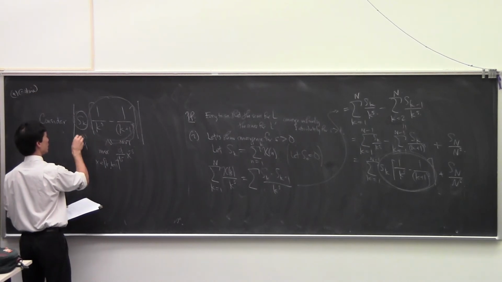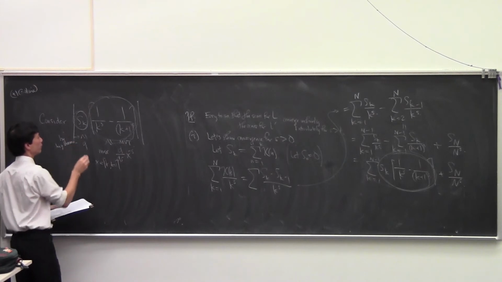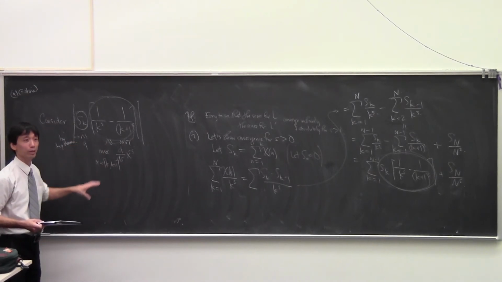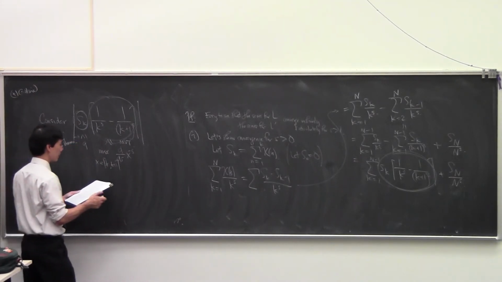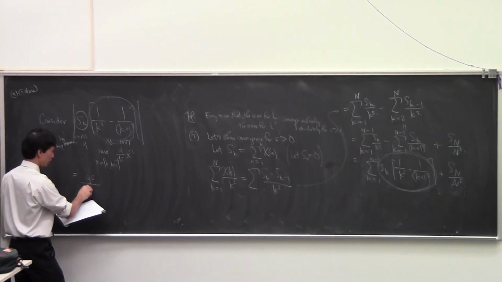So this part is by the key lemma, and this part is by the mean value theorem. And so you get q times s over k to the s plus 1.